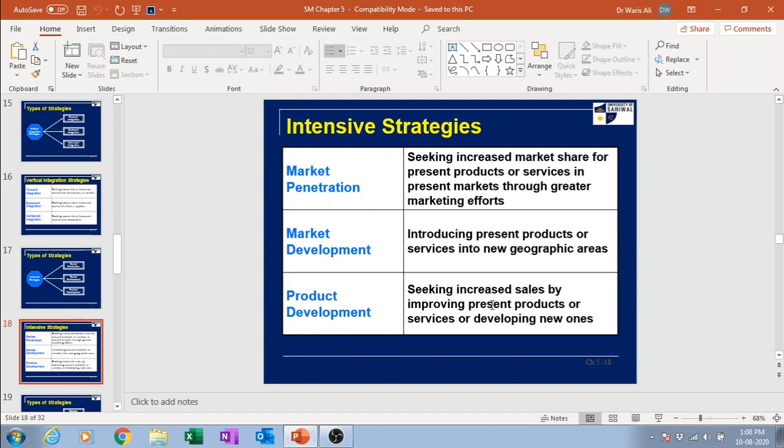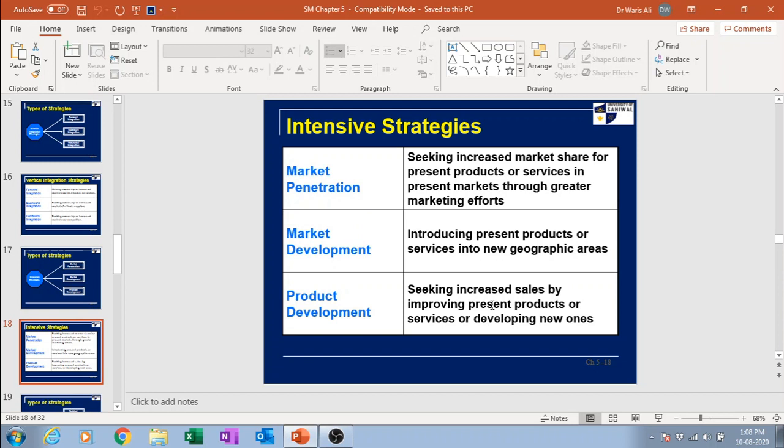Now we are operating in Saival, and we want to increase our number of students. So we have existing products like BBA, MBAs, and existing programs, and we aggressively market our products. We launch marketing campaigns, marketing efforts, brochures, videos, advertisements, TV adverts, billboards, and signboards to attract more students within the given market. So if we are doing these things, it means we are following a market penetration strategy.